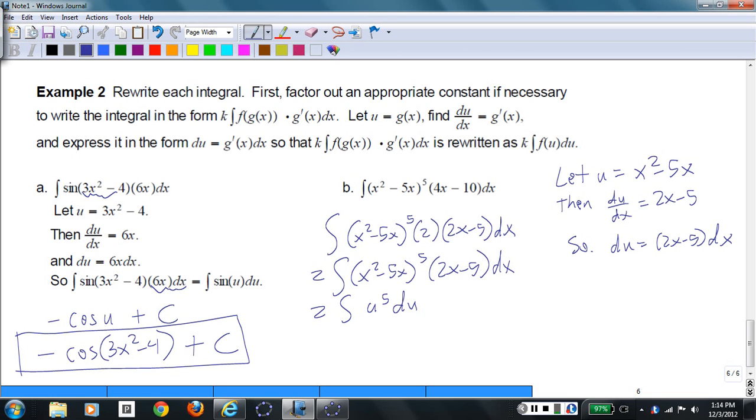Not the final answer, but it's kind of a satisfying place to stop and take a breath, because we know we can get there from here. Antiderivative for u to the 5th: u to the 6th over 6 plus c. It's just a matter of what I want to do with the 2. Do I want to have the 2 multiplied by the entire quantity?